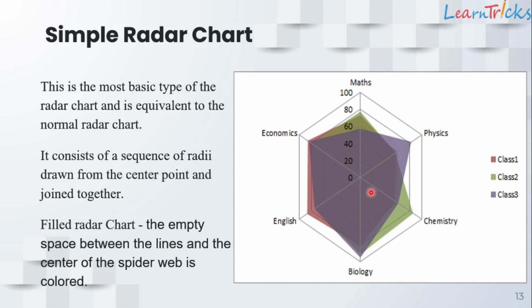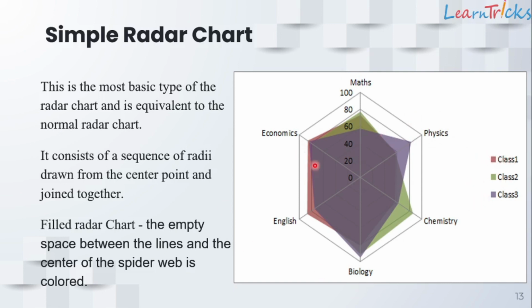Now this chart shows the comparison of the 3 classes, class 1, class 2 and class 3, and it is comparing the marks in 6 subjects: economics, maths, physics, chemistry, biology and English. So we are comparing the average marks obtained by the students in class 1, class 2 and class 3.